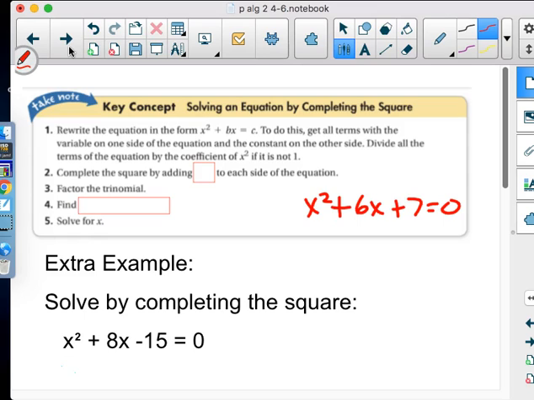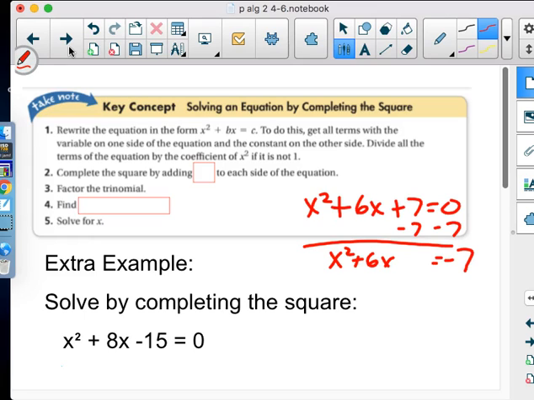They're talking about a problem where we have x squared plus 6x plus 7, and they ask us to complete the square. And we would say, that's a 7. That's not a perfect square. I can't do that with a 7 there. So we move it out of the way. That's what we do.